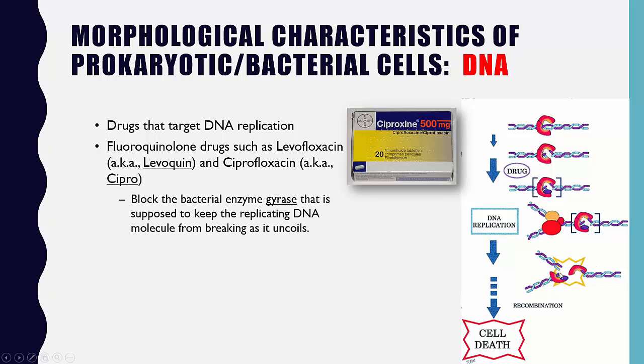If the enzyme gets blocked by a drug, then the uncoiling of the DNA causes the DNA structure to break. Now, that's a way to kill bacterial cells, right? So again, gyrase is used whenever DNA becomes uncoiled. So it's going to be not just used for DNA replication, but also when you're going to make proteins. Remember transcription and translation to make proteins? The DNA has to be uncoiled to get a copy of that gene.